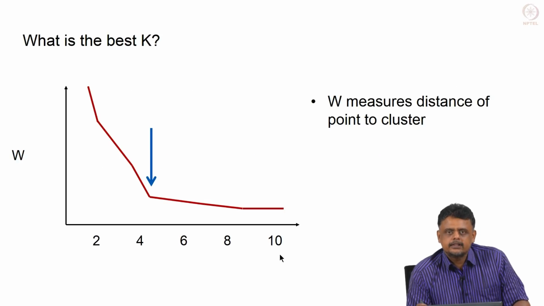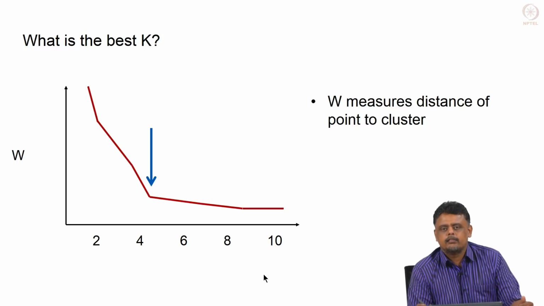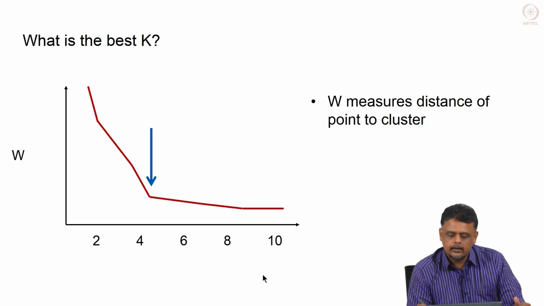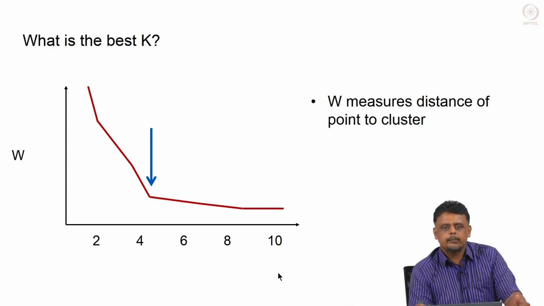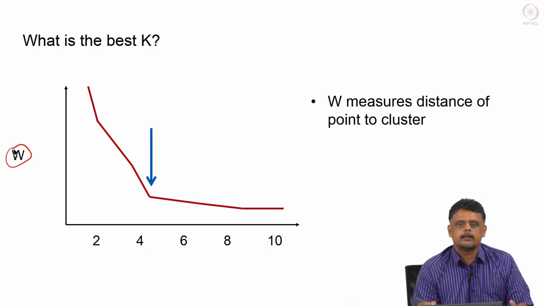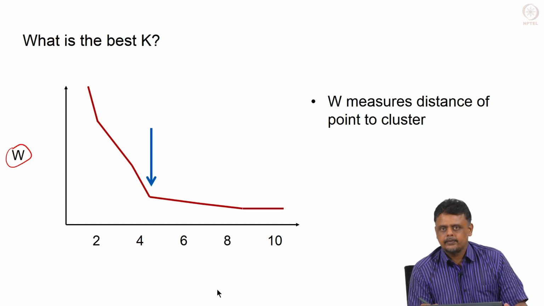So, the earlier question we had is how do you determine the best possible value of k. Okay. So, that is not a question that is easily answered. Typically what one would do is plot this W that we mentioned, the intra-class within class variance that we calculate as part of the optimization.